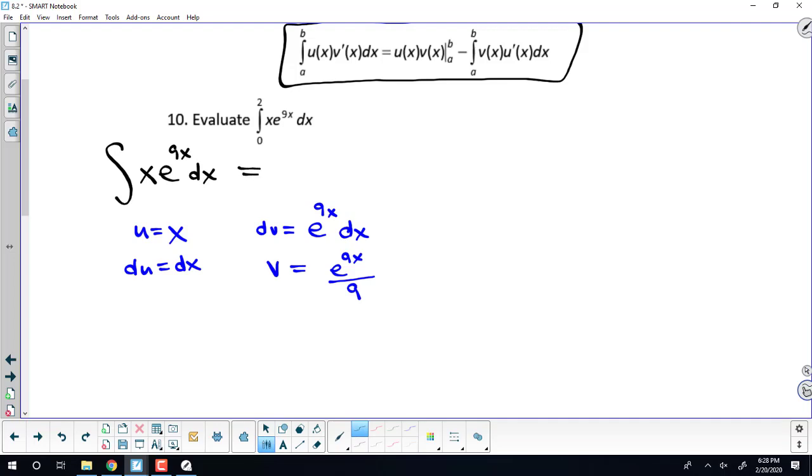So then the antiderivative here is, I guess we'll write it as 1 over 9 times x times e to the 9x minus the integral of 1 over 9 e to the 9x dx. That's uv minus the integral of v du. We can take the antiderivative of 1 over 9 e to the 9x now, so we will do that.